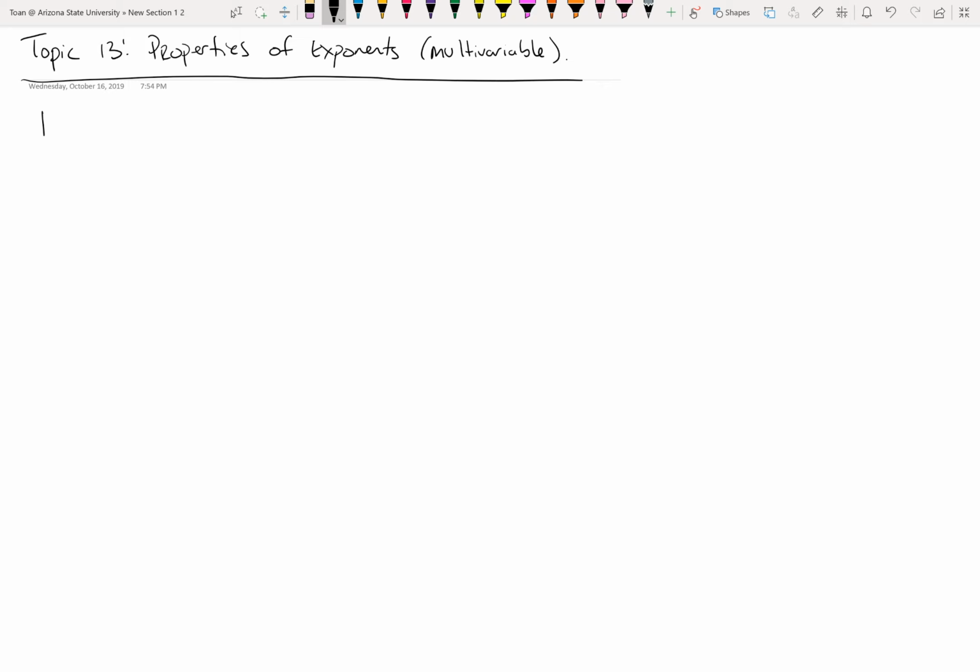Let's list them out. We know that there is the product property, which says if you multiply two exponential expressions with the same base, you can merge them together by adding the exponents. The quotient property says the exact opposite. If you're dividing two exponential expressions with like bases, you can merge them together by subtracting the exponents.